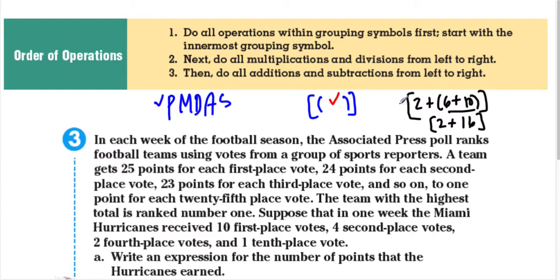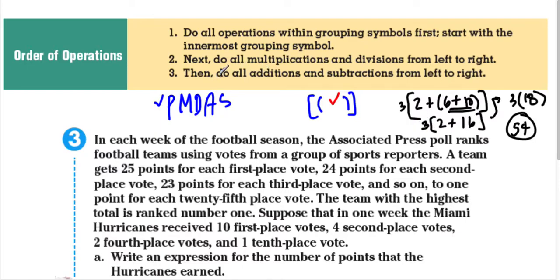Let's multiply that by 3. So this now becomes 3 times 18, which is 54. So that's what it means when it says do all operations within grouping symbols first. Start with the innermost grouping symbol, and that's what we just did. I started with the innermost grouping symbol and went out.